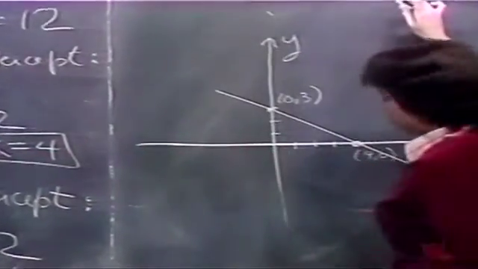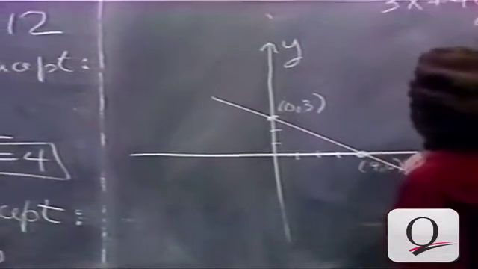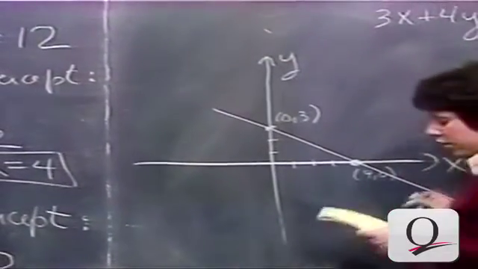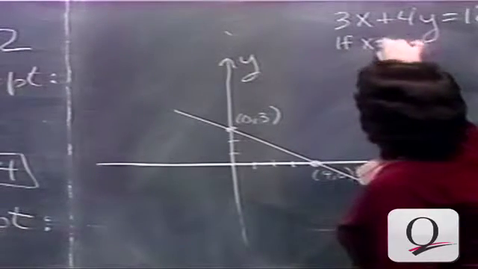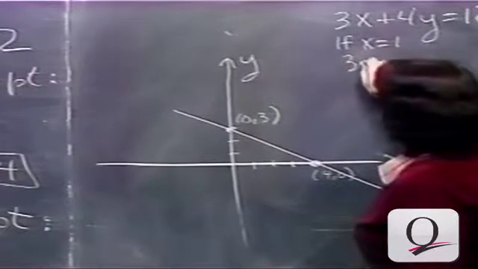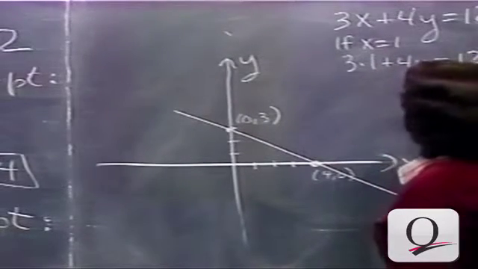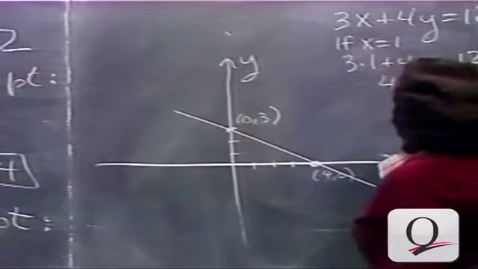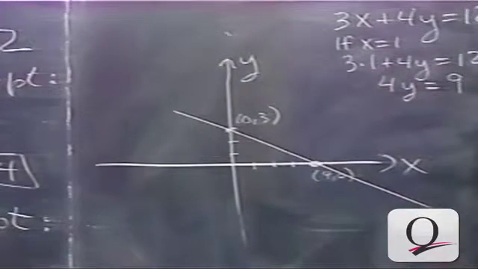Okay, if you want to check this, you can just arbitrarily pick a third point. Let's say x equals 1. If x equals 1, we get 3 times 1 plus 4y equals 12. 3 plus 4y equals 12.